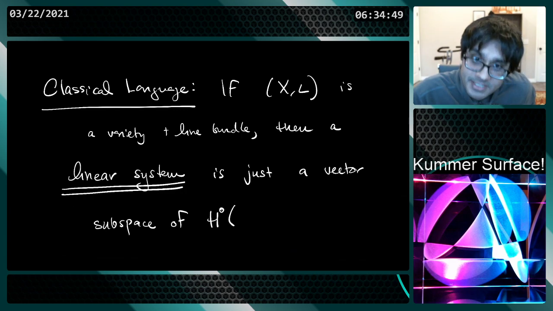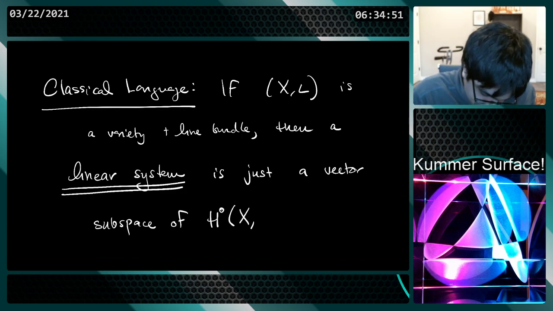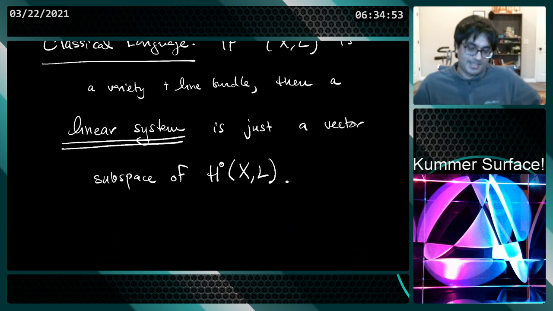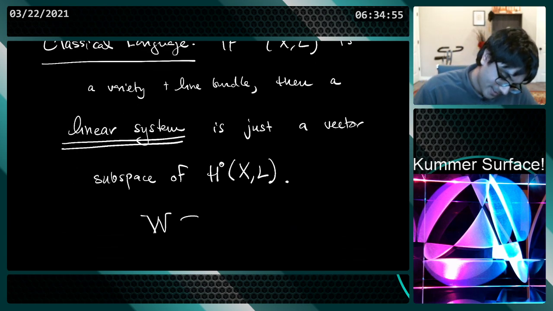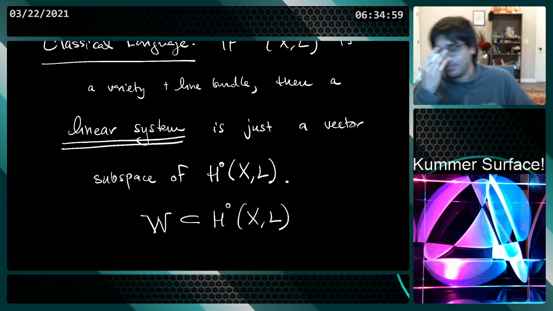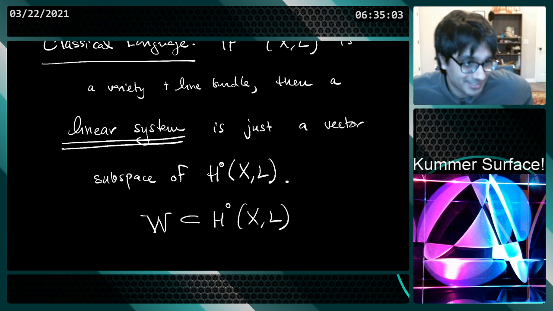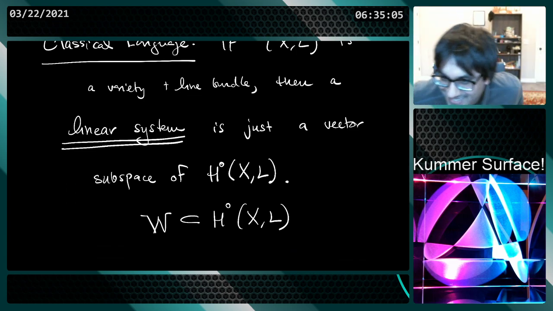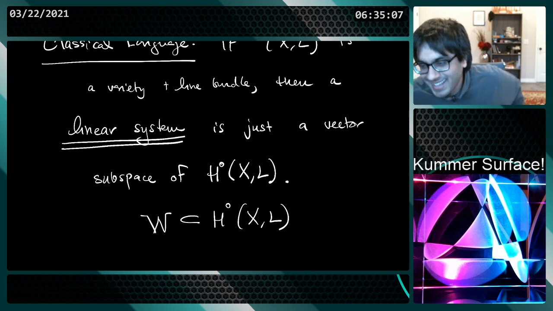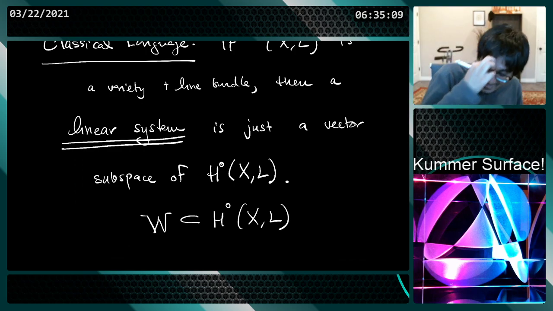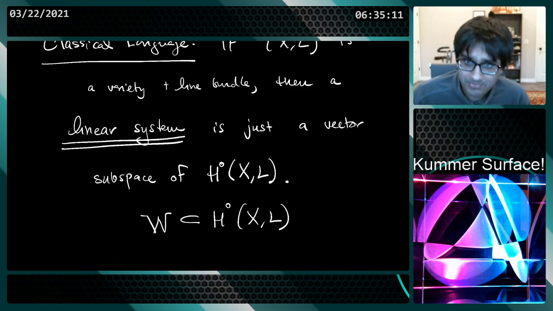It's a vector space of global sections. For us, it'll always be a finite dimensional vector space. Okay?